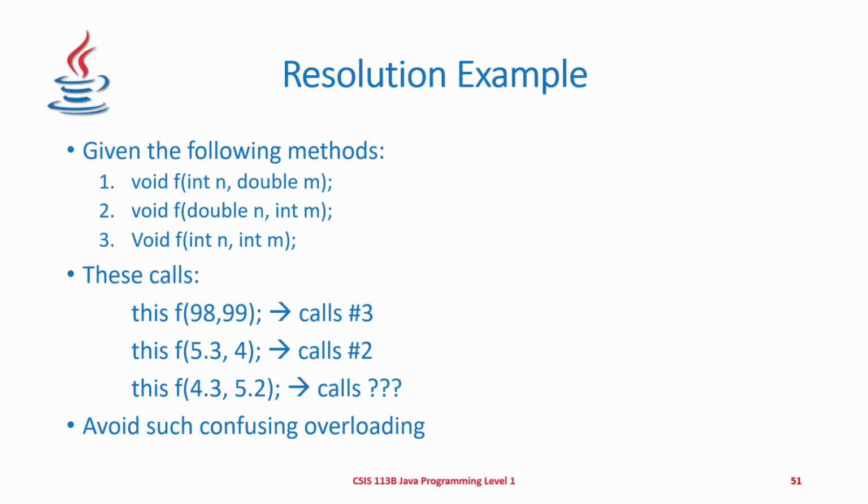The 3 wouldn't be very likely, but because they're both doubles, and 1 has a double as the second parameter and 2 has a double as the first parameter, you really don't know which of those 2 methods would be called. And depending on what the internal math is, the actual mathematical expressions, you could end up with a lot of different results, or unexpected results, and that's the big problem.